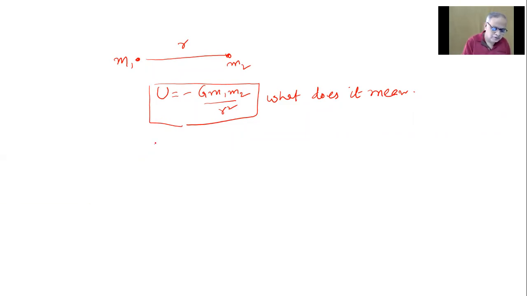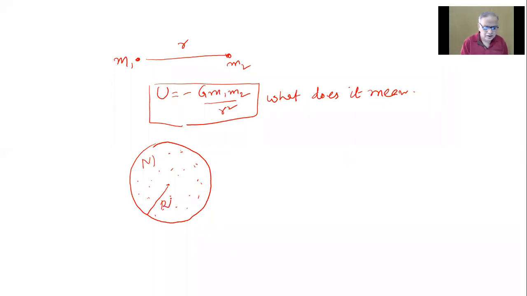I'll put in the place of M1 Earth like this, whose mass is M. This is Earth, children. Radius of this is R. And you know, for all external points, Earth can be treated as a point mass at the center.